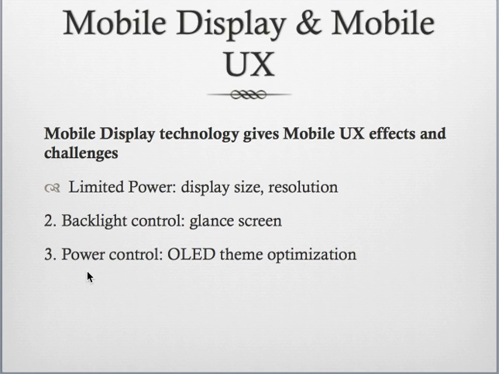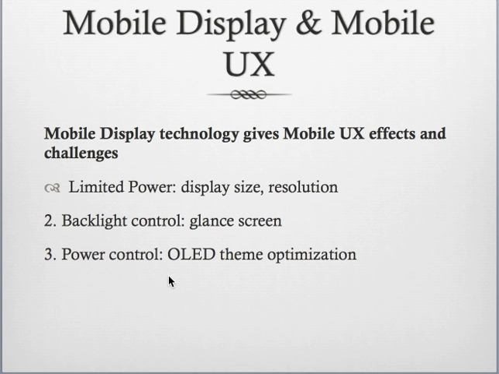And then there's power control. For power control we try to use OLED optimization. In order to save battery life on a phone with AMOLED displays, there are some recommendations for a black or primarily black wallpaper.